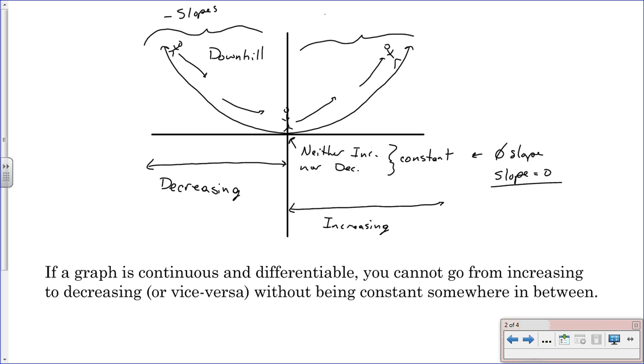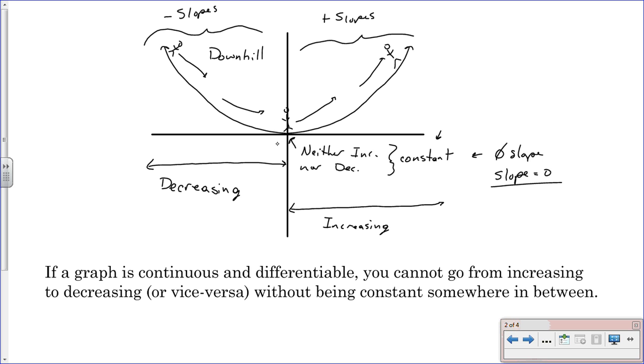Similar here, they would all have positive slopes. But here in the middle, it's neither negative nor positive, so it is a constant slope of 0. So you can't go from decreasing to increasing without being constant somewhere in between.